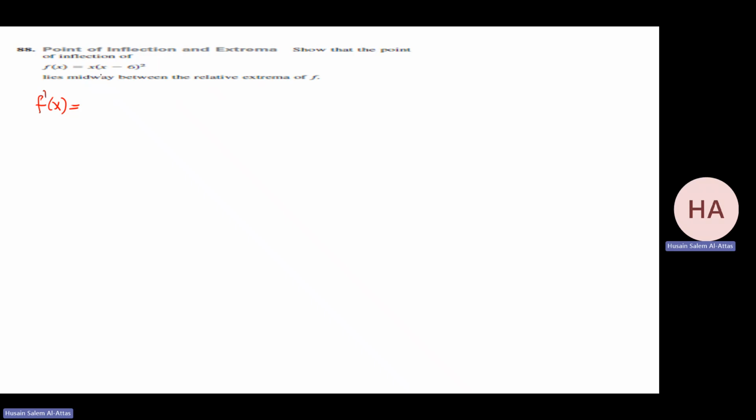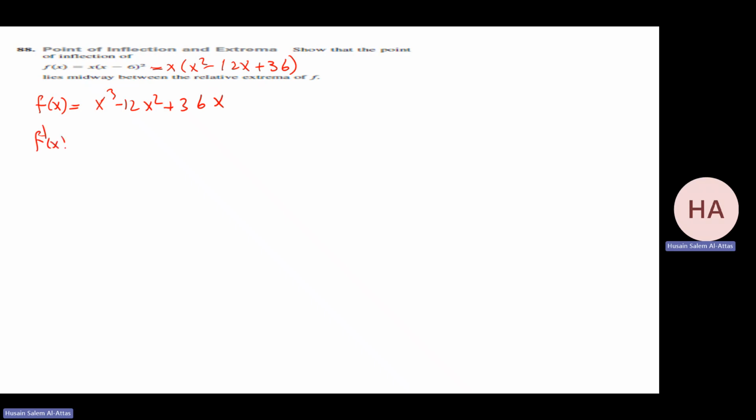F is x cubed minus 12x squared plus 36x.